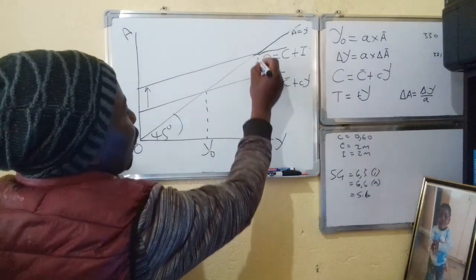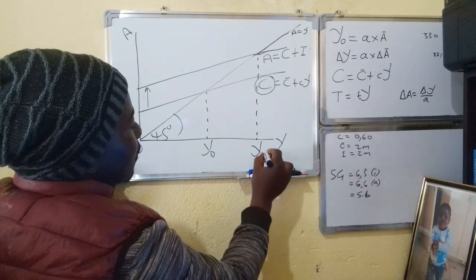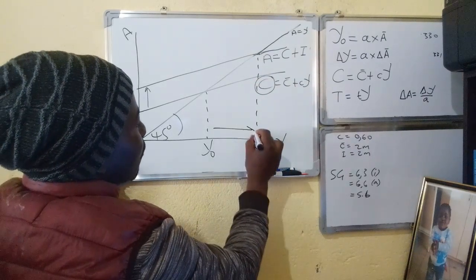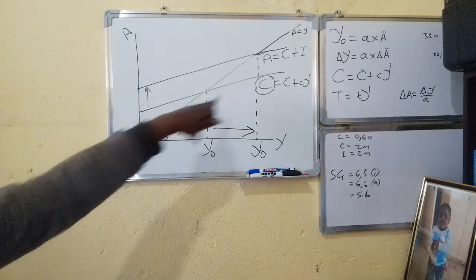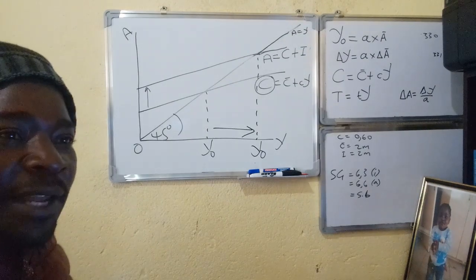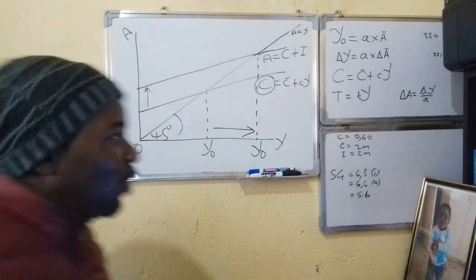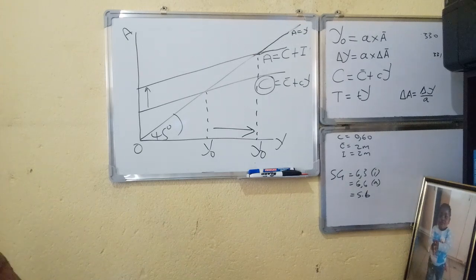So the equilibrium level of income has moved upwards because there has been an increase in investment in the economy. Okay?